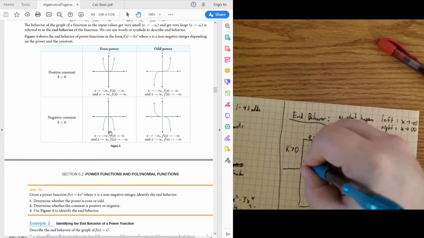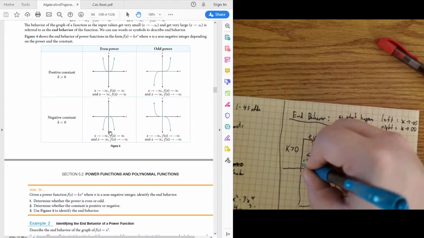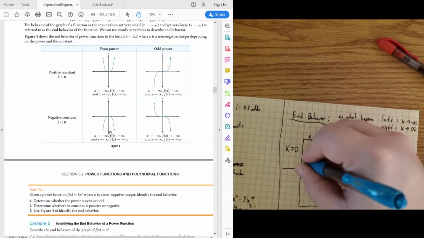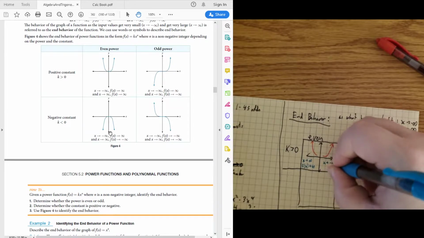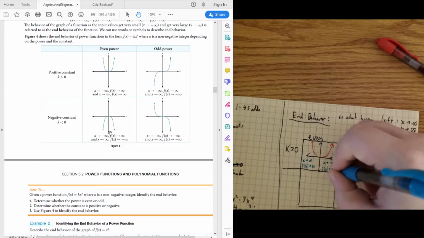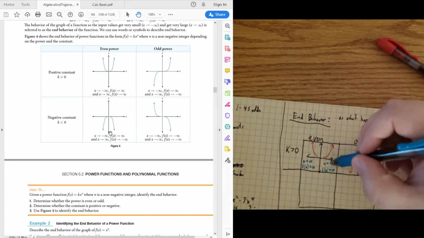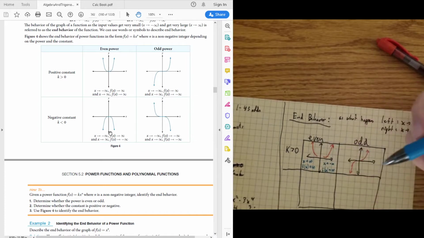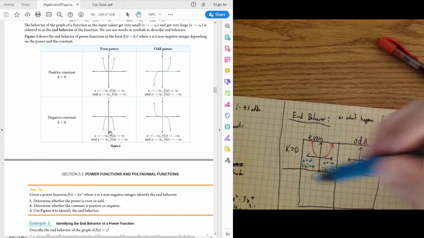As x goes to infinity, f of x goes to infinity. As x goes to negative infinity, f of x goes to infinity. In other words, it doesn't matter if you move to the right or to the left, it's going to go to infinity. As long as k is positive and the power is even, this will happen.